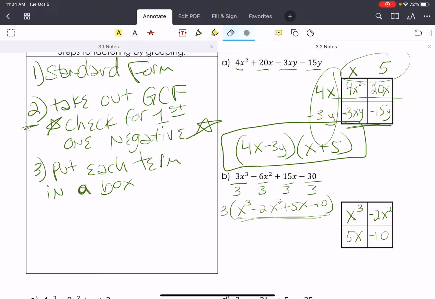Okay, so let's look at the first row. Okay, careful on this one. X cubed and negative 2x squared. You can do x squared. Good. Not just one x, there's 2 x's that they have in common. So it's x squared.